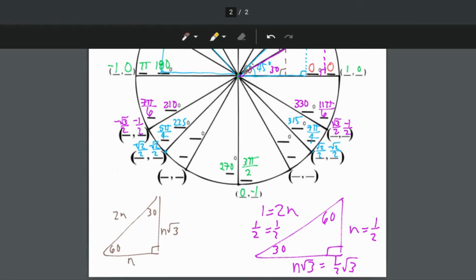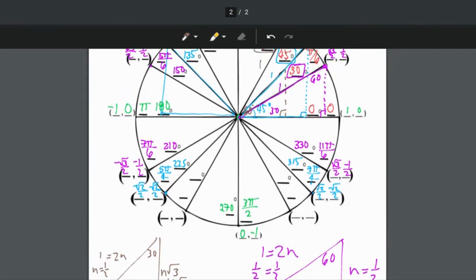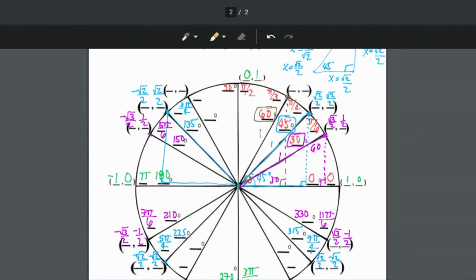So again, n was equal to 1/2. So this bottom side is equal to 1/2, and this side on the right would be 1/2 root 3 or root 3 over 2. So if we were to label this point, we would have to go over 1/2 and up root 3 over 2.